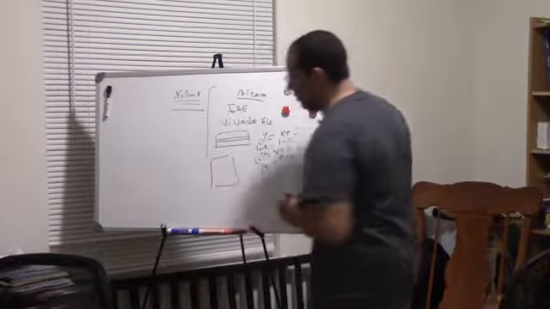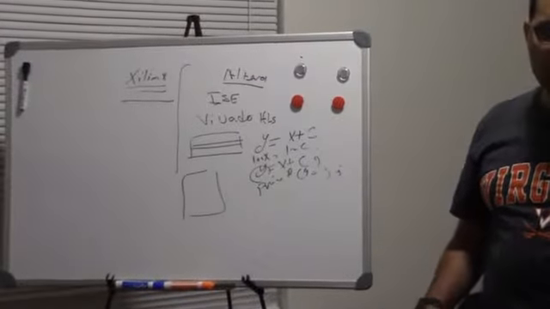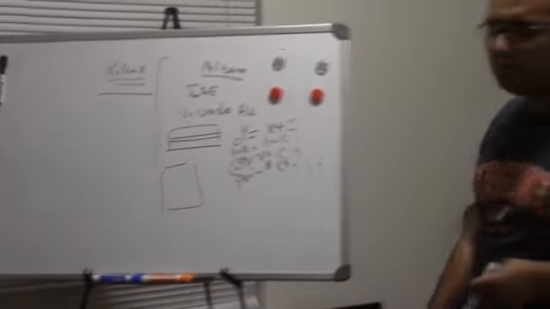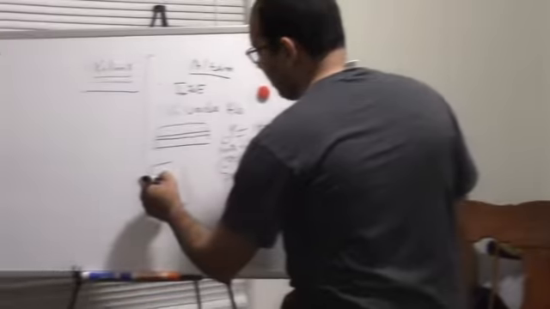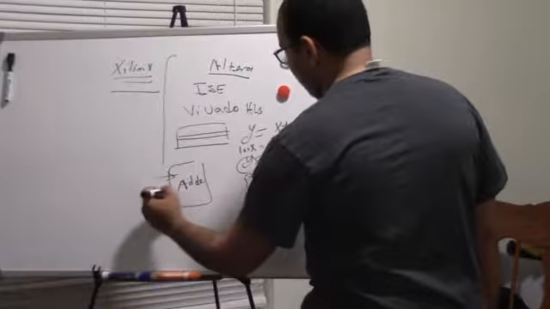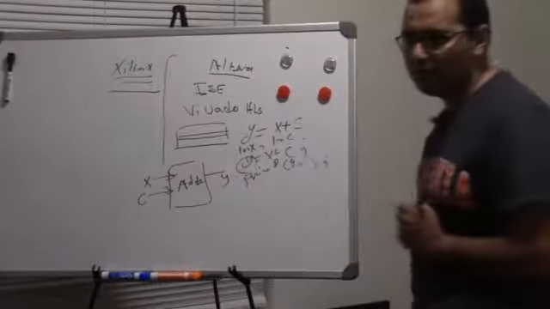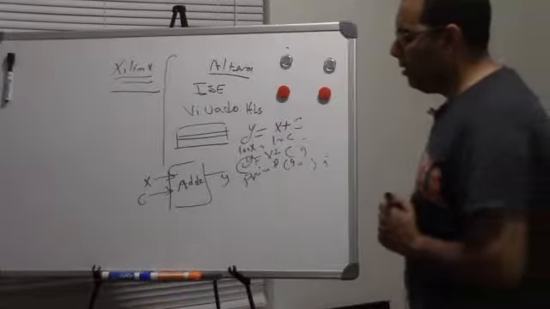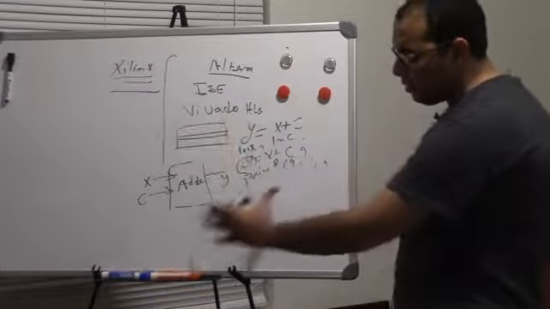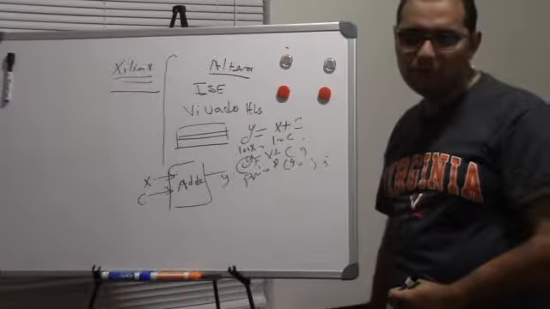The other way is to implement the behavior of the equation using an RTL language like Verilog or VHDL, where you are going to have an adder, and this adder has two inputs. One is called X and one is called C, and the output is going to be Y. Then, the second part: when you design that, you have to define where the inputs and the output are on the board.